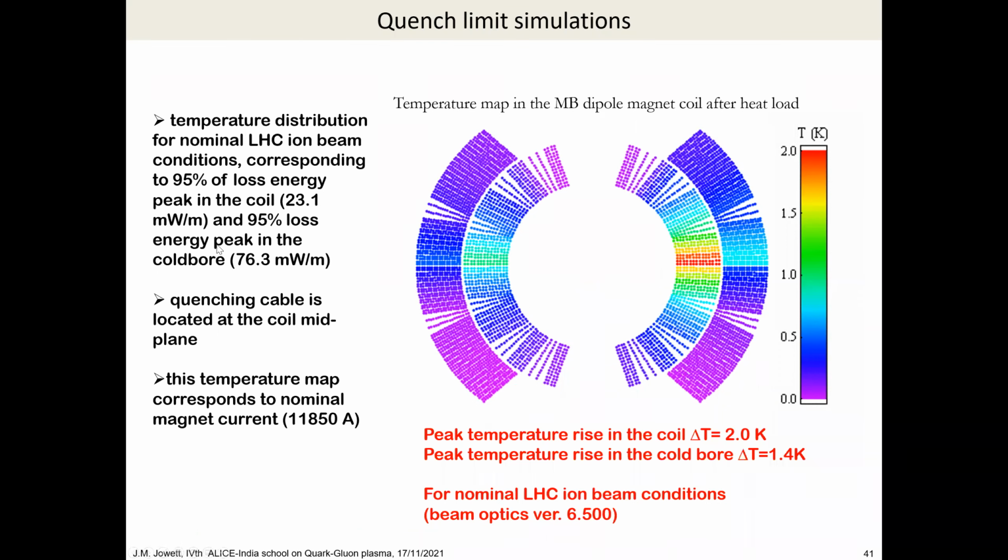These are some of the engineering type calculations using special simulations, including the helium flow in the coils and this energy deposition and the effects of cooling. So there could be a couple of degrees temperature rise, which would be too much and stop the operation.